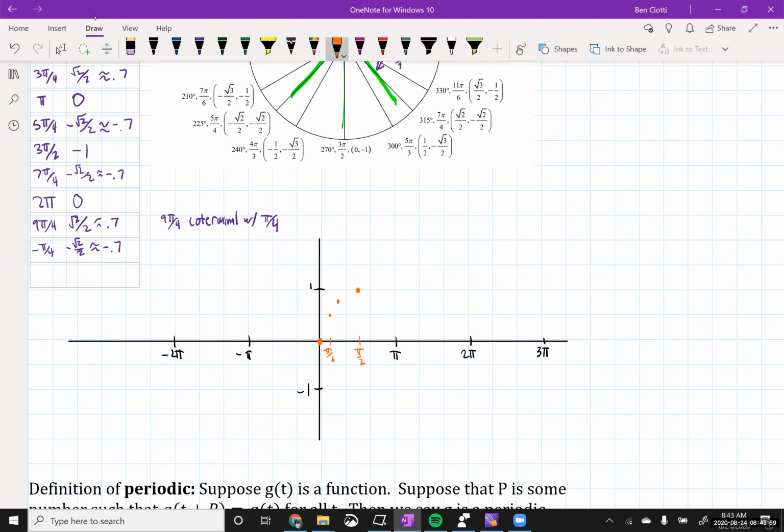Pi over 2, it's 1. 3 pi over 4, it was 0.7. At pi, it was 0. Say here's 5 pi over 4, it was negative 0.7. At 3 pi over 2, it was negative 1.